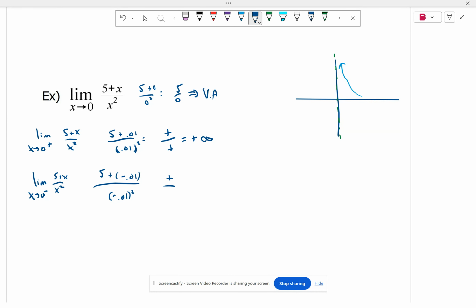And a negative number squared is still going to be positive. And when we do a positive divided by a positive, we're still going to get a positive output. So it's going to approach positive infinity from the left as well as the right. So if I said, what's the limit of this function as x approaches 0? It's going to be positive infinity.